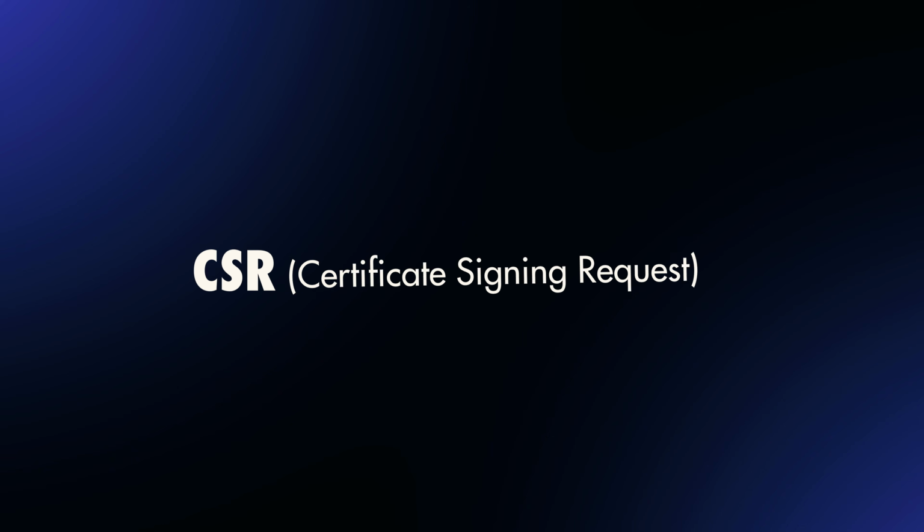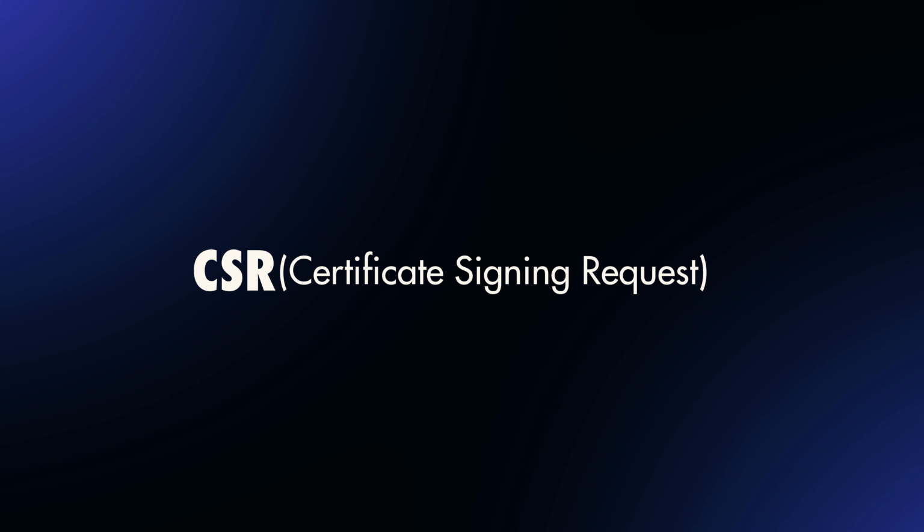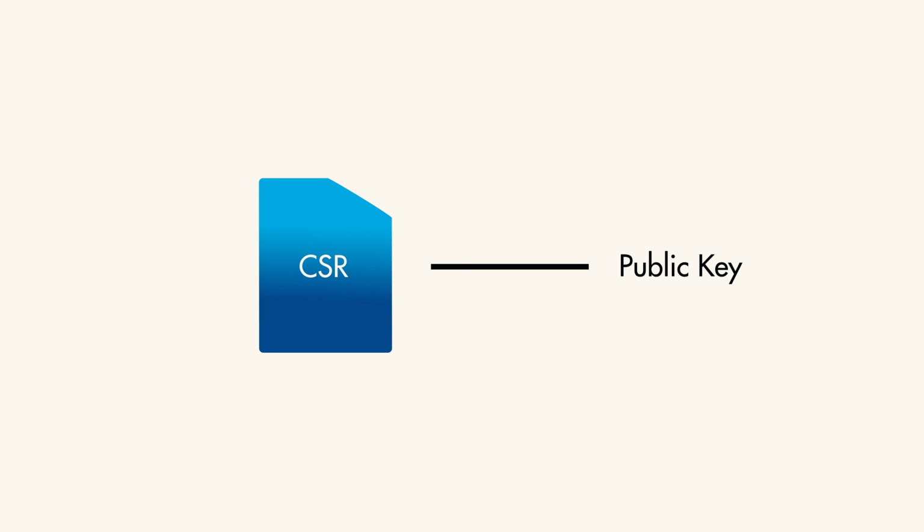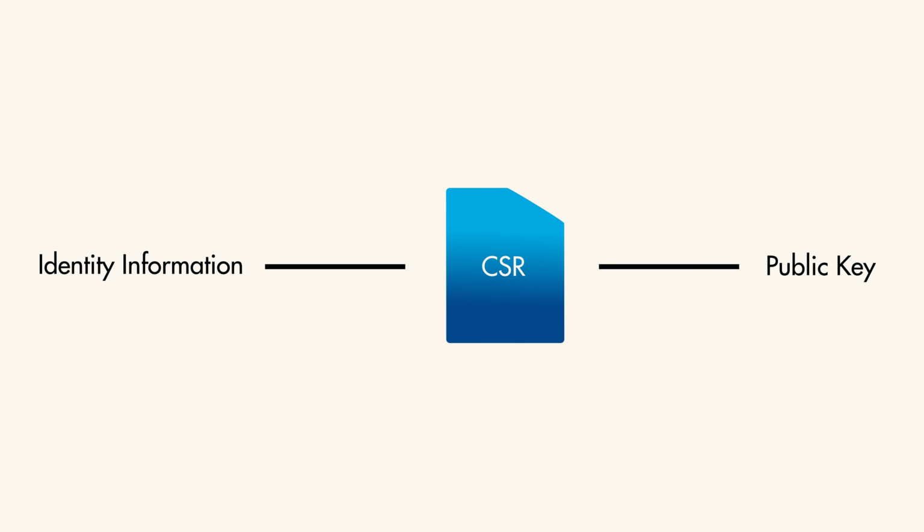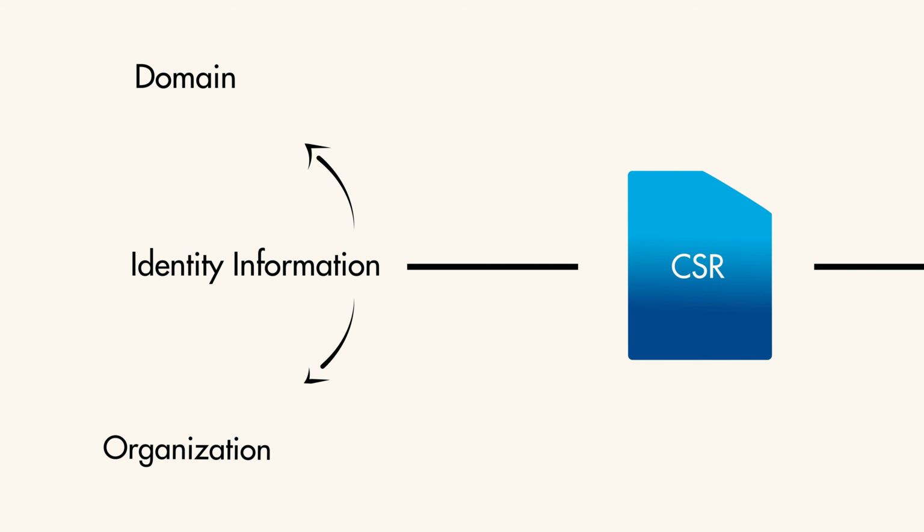Before we get started, let's take a moment to understand a few things. First on the list is the CSR, which is a Certificate Signing Request. You'll hear this term a lot when dealing with SSL certificates, and it's important to know what it is, why it's needed, and what it actually does. A CSR is a file you generate on the server that contains your public key and some identity information about your server, so things like your domain and your organization.